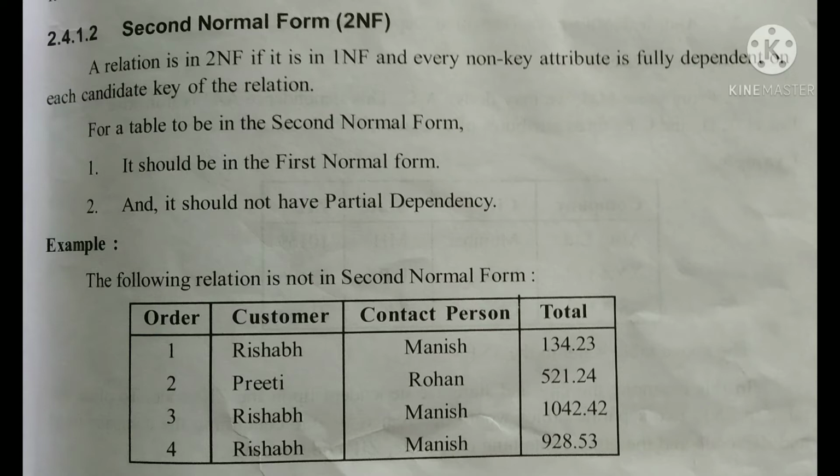In the table above, the order number serves as the primary key. Notice that the customer and total amount are dependent upon the order number. This data is specific to each order.